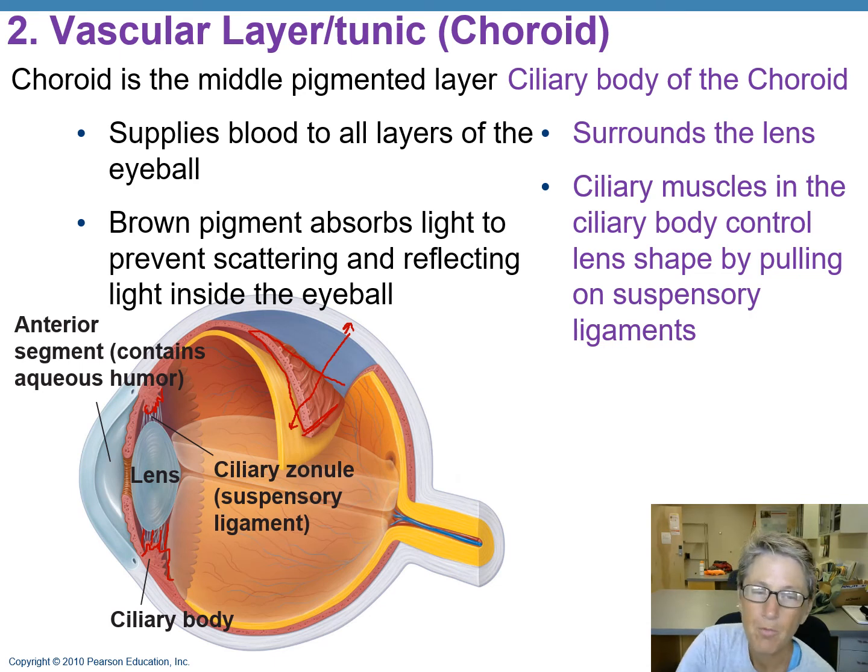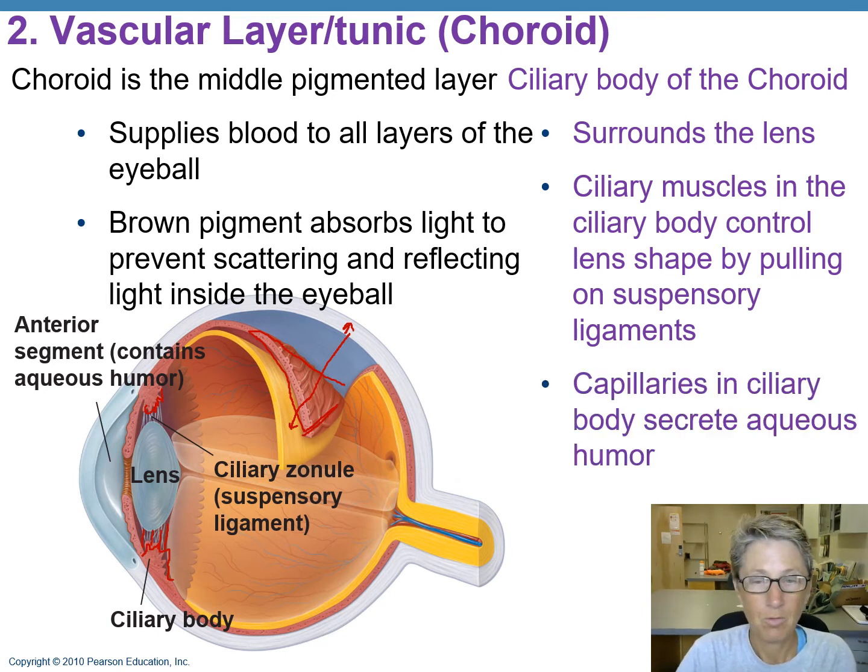And if you remember from autonomic nervous system, a flat lens will allow you to see further distance, so that would be sympathetic nervous system, and a more globular lens allows you to see not long distance, so that's parasympathetic rest and digest.